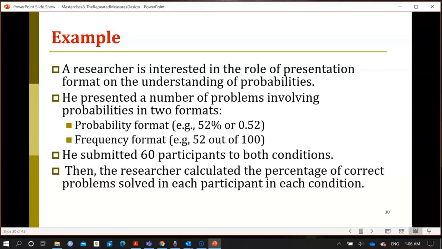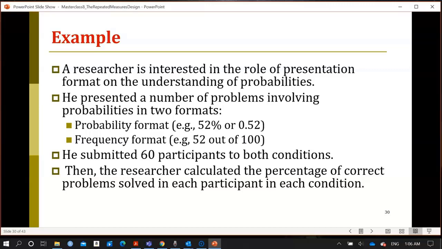The probability format that uses percentages, like 52%, or proportions, 0.52, and the frequency format, in which the same information is presented in frequencies, like for example 52 out of 100 instead of 52%. So 60 participants went through both conditions. So then it's a repeated measures design.